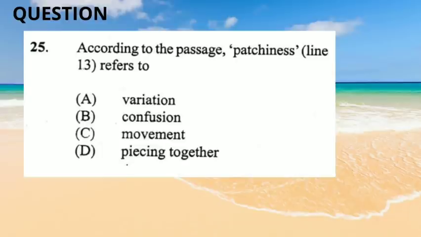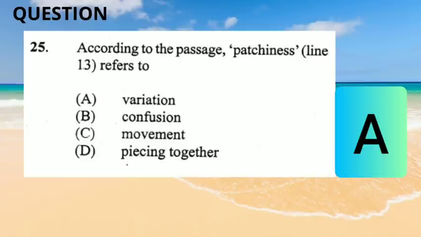This means varying. So when the writer says patchiness, he means that the ocean is not just one form. So just as how we have mountains and hills and valleys and caves and all of that stuff on land, it's the same thing under the sea. They have hills and valleys and all of that stuff just as the land. So that is what the writer means by patchiness. There is variation.